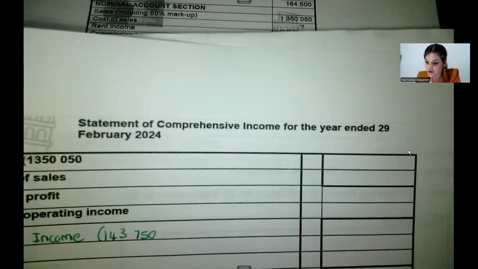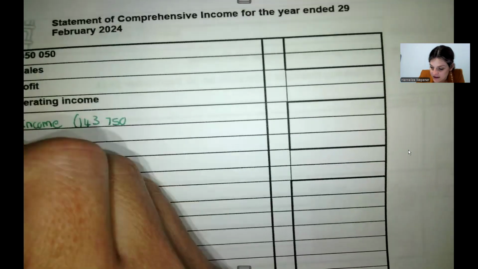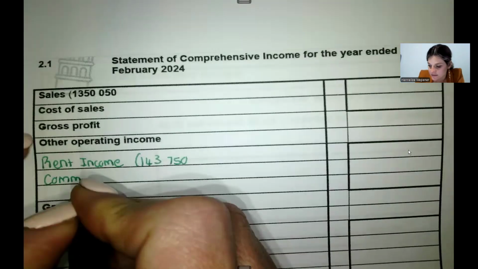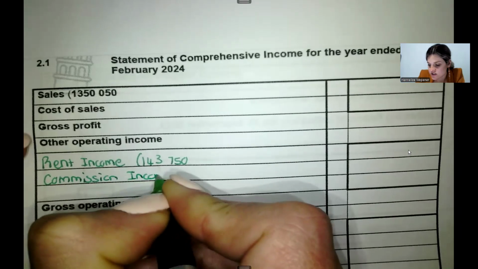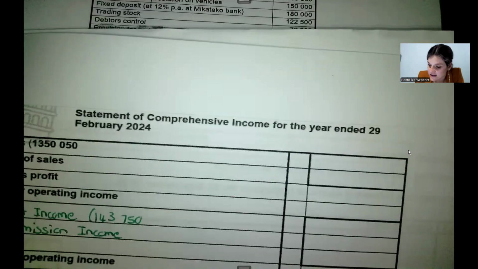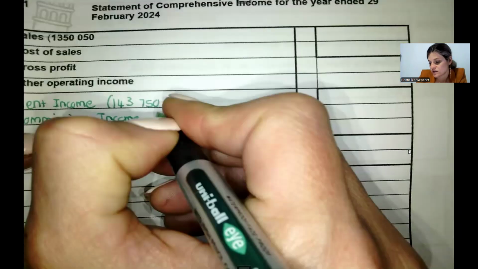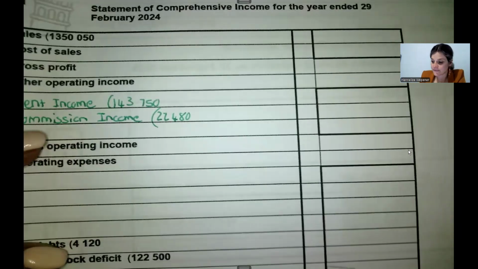Then we also have commission income. That's another other operating income. This is just to ensure that I don't miss anything. And that was 22,480. Okay, there we go.